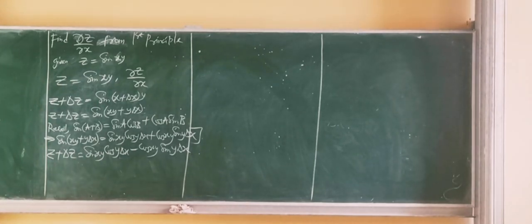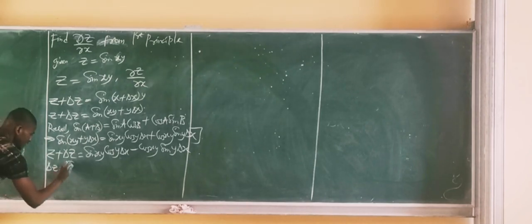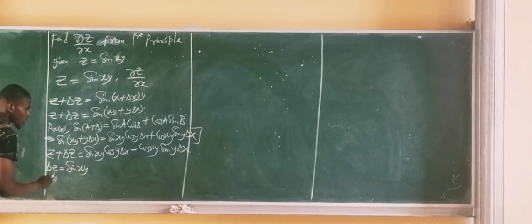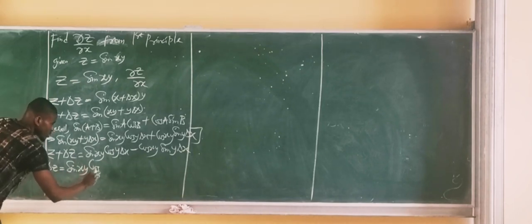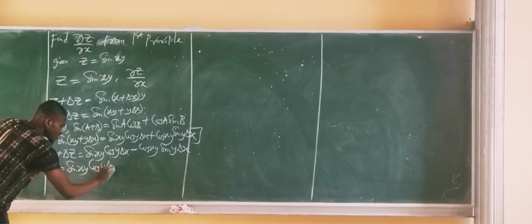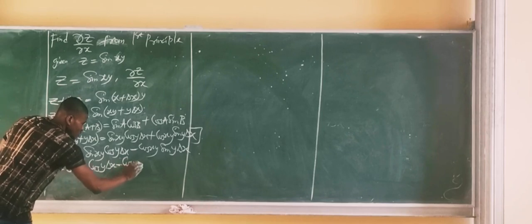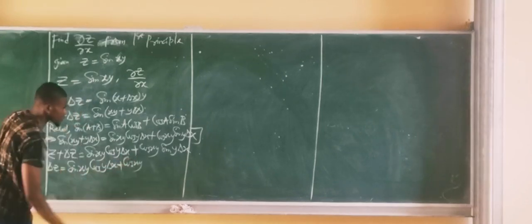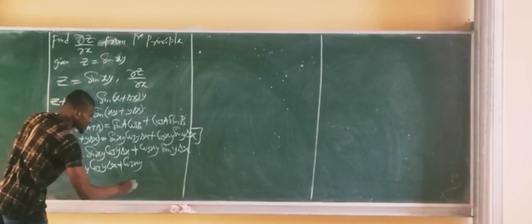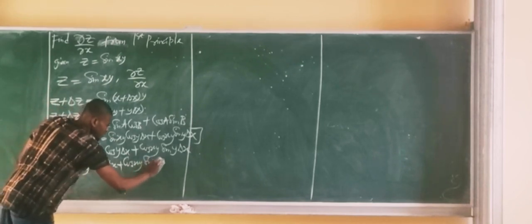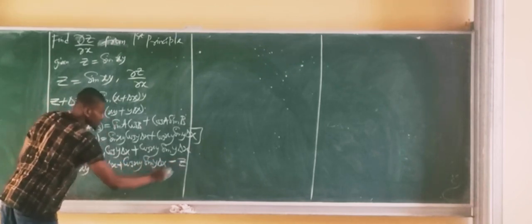At this point, you send z over to the other side of the equation. So we are left with change in z equal to sine xy cos (y change in x) plus cos xy sine (y change in x) minus z.